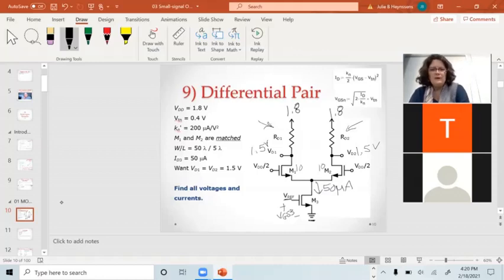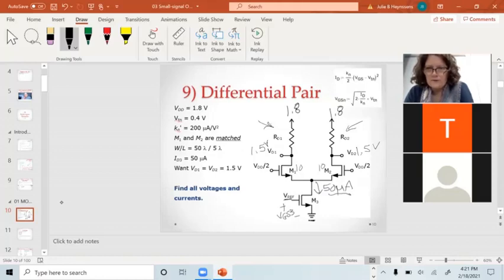There we go. Okay, now the thing that you kind of need to get here is I've got 50 microamps. This M3 transistor is acting as a current source. I can feed VREF into this differential pair, feed the same VREF to some other differential pairs, and they'll all have the same current if I use the same size transistor. Now, what's going to happen here if these two halves of the circuit are perfectly matched?